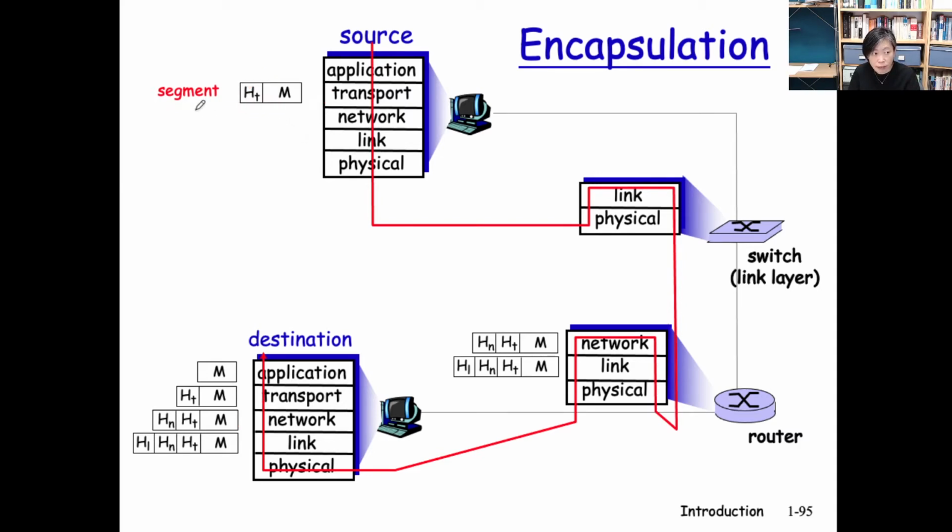And now the segment is going to be passed further down to the network layer. And guess what? The network layer component is going to append some more information to it, and that is in the header as well. But this is the header for the network layer, HN. And the whole thing now, the packet here at the network layer, is called a datagram. And the whole datagram is going to be passed down further to the link layer.